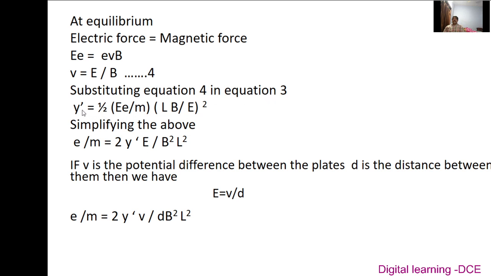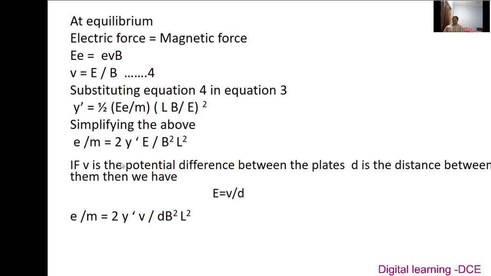We get y dash is equal to half into eE by m into LB by E whole square. Simplifying the above equation, we get e by m is equal to 2 y dash E by B square L square.